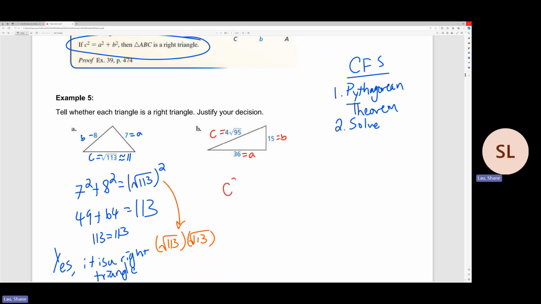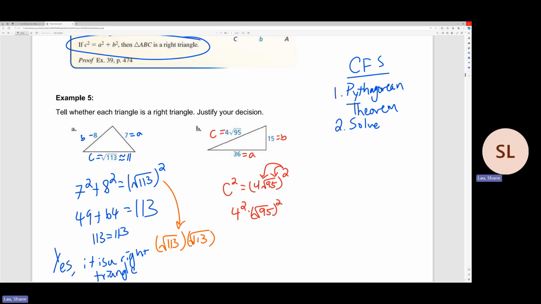Whenever we do our C squared, which is 4 times the square root of 95, that entire quantity is squared. Our power rules say that we are supposed to distribute this square to both of our terms, the 4 term and the square root of 95 term. So instead of 4 times the square root of 95 squared, it's actually going to be 4 squared times the square root of 95 squared.